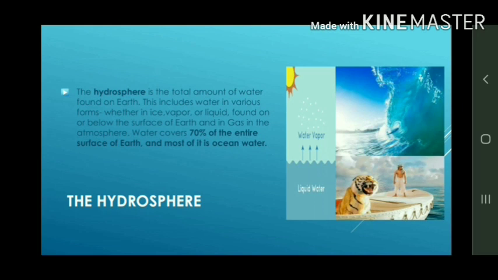Water covers 70% of the entire surface of the Earth, and most of it is ocean. The ocean holds about 321 million cubic miles, or around 1.34 billion cubic kilometers of water, which is roughly 97% of Earth's water supply.